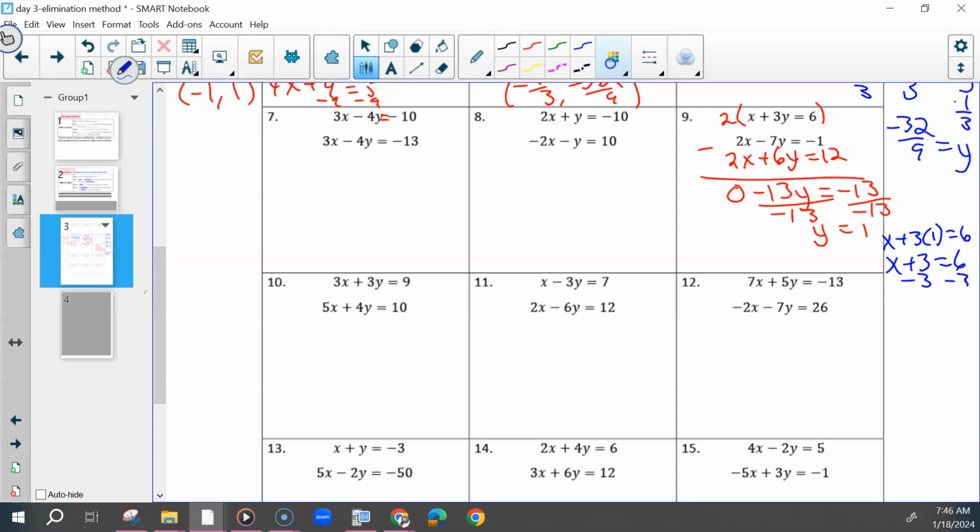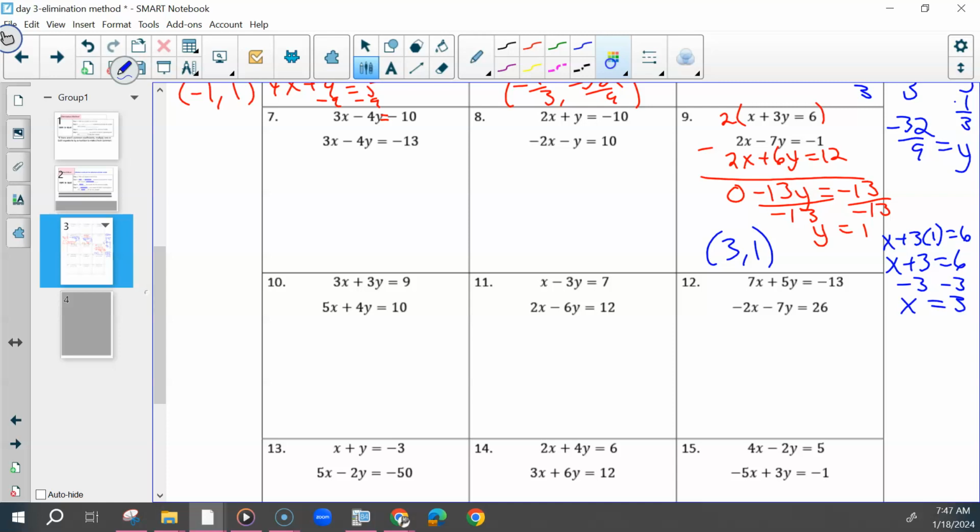What is your x value? 3. So that would be an example where we just changed one equation, but sometimes you have to change both.